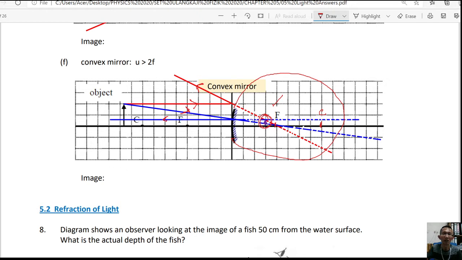As I said earlier, you need to draw at least two lines so that you can see where these two lines intersect. For example, here I'm using the line that is parallel, and the second line passing through my focal point.